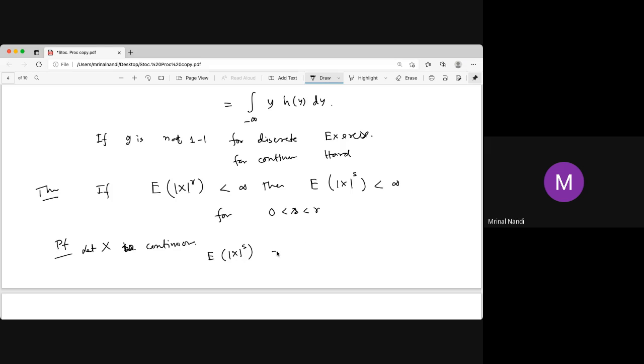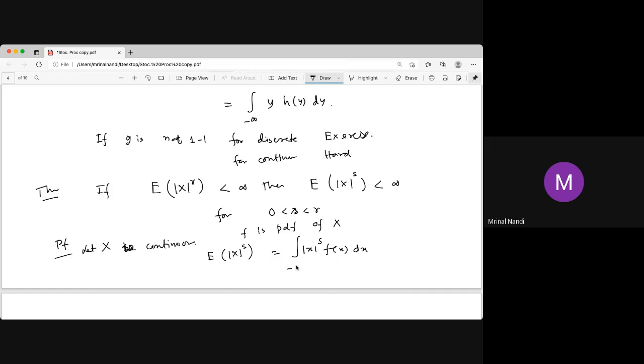This is just the integral of |x|^s f(x) dx, where f is the PDF of X. So this is the definition.